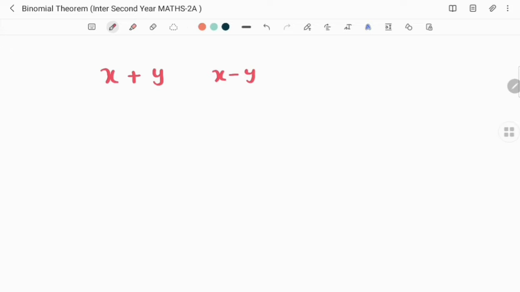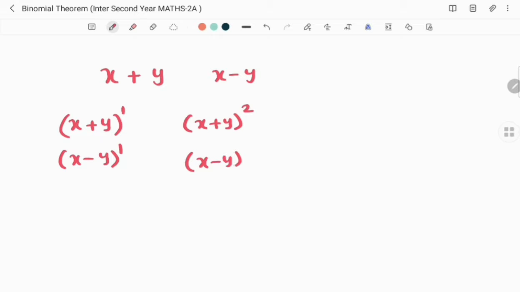We already discussed binomials in the earlier classes. Like in the previous sessions, x plus y whole power 1, x minus y whole power 1, x plus y whole square, x minus y whole square, and like this, x plus y whole cube, x minus y whole cube.